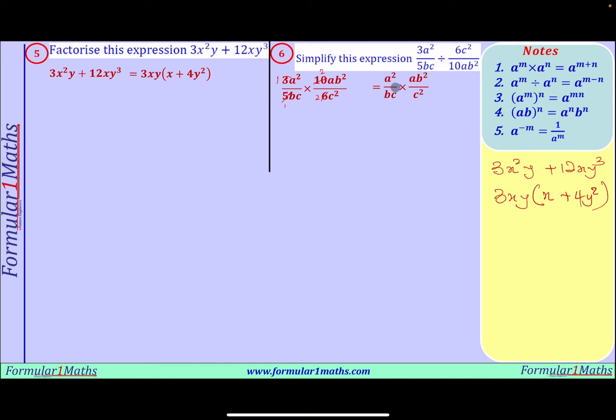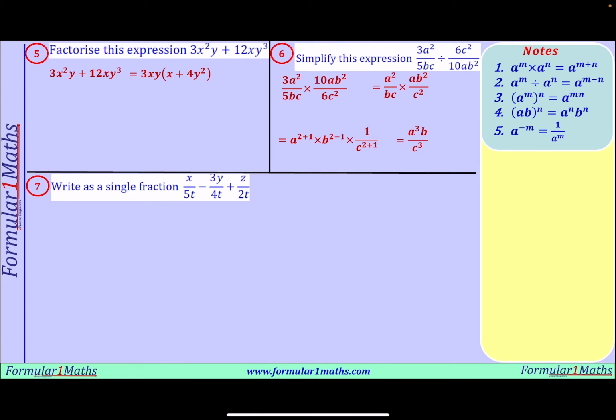So b squared divided by b, we are going to use rule number 2. And then for c and c squared, we are going to use rule number 1 in the denominator, so that c and c squared will remain in the denominator. So if you do that, you're going to get this. And then when we simplify that, we're going to get a cubed b over c cubed. So that's question 6.